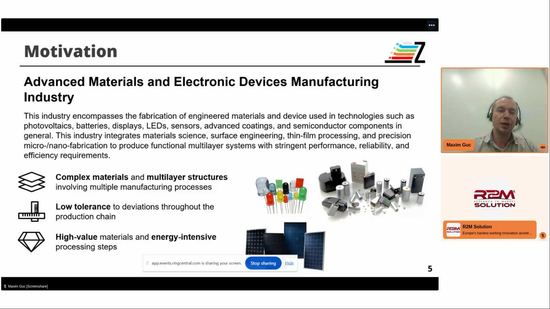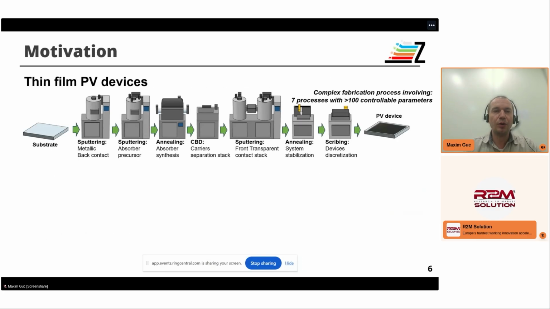So you need to have a very fine tolerance when you are developing or producing new devices, high tech devices. And of course they are using high value materials, and sometimes the processes are very energy intensive. So in order to give you a bit more idea of what can be the complexity of a production process.